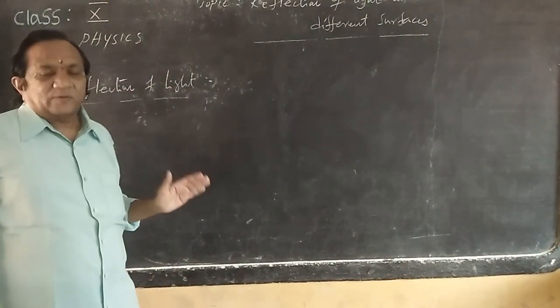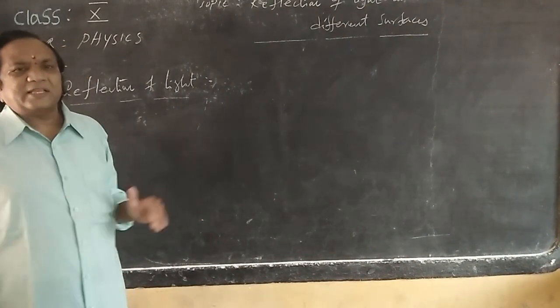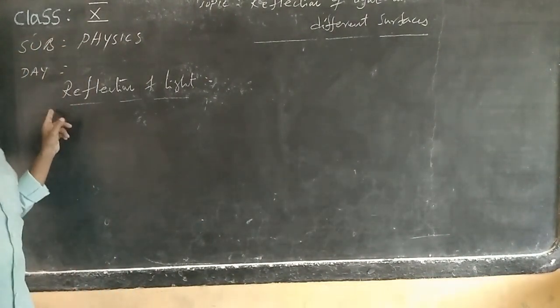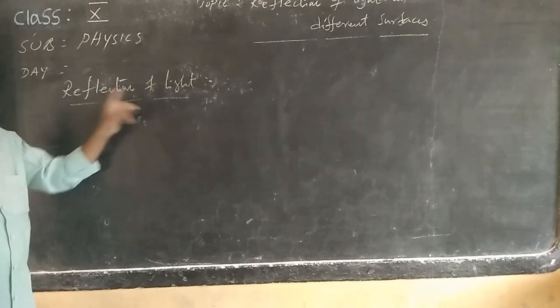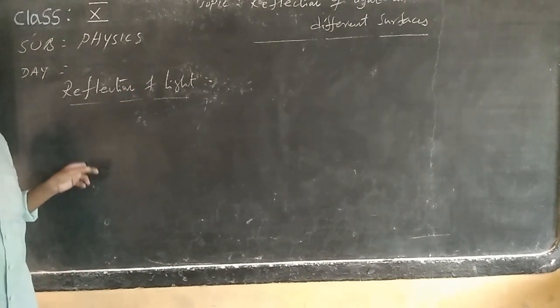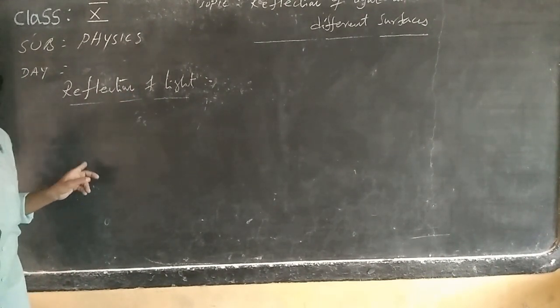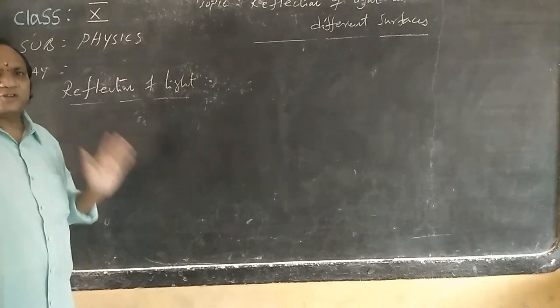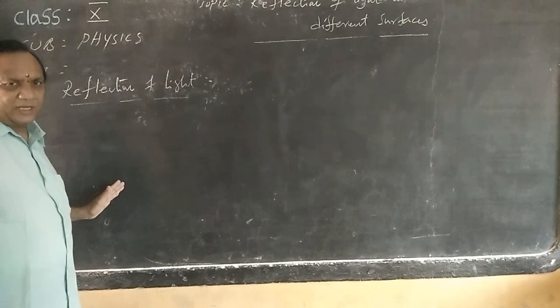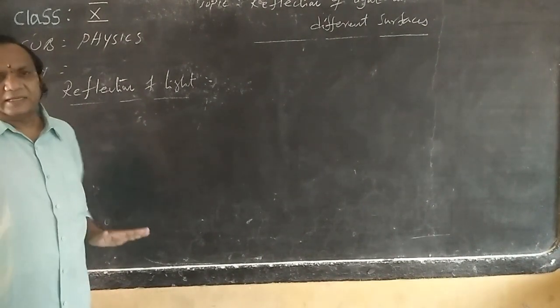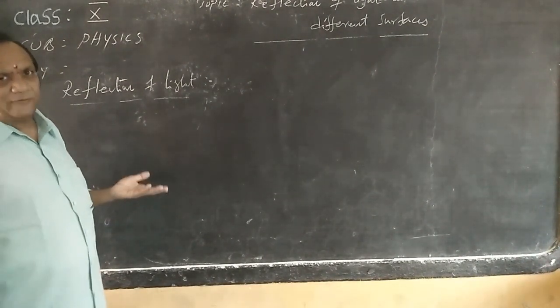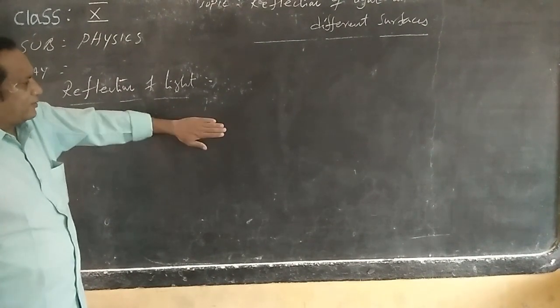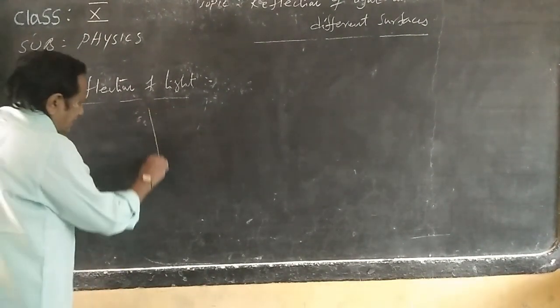Then what happens when light falls on such bodies? This phenomenon happens, which is called reflection of light. By considering reflection, at one side we have to make the opaque nature. The other will be the reflecting surface. Remember that, the reflecting surface. Here, light falls on the wall.